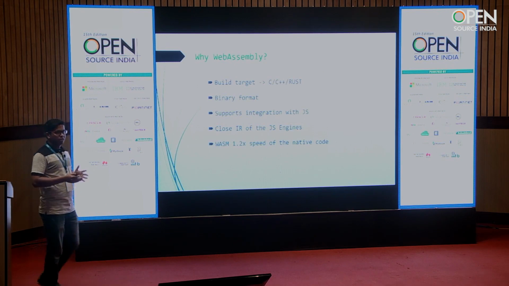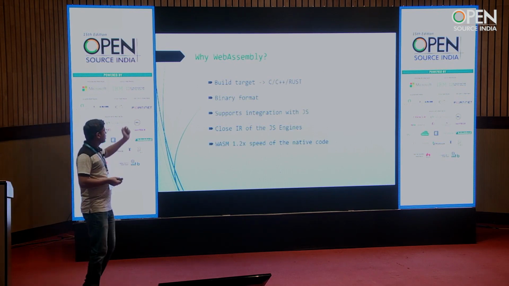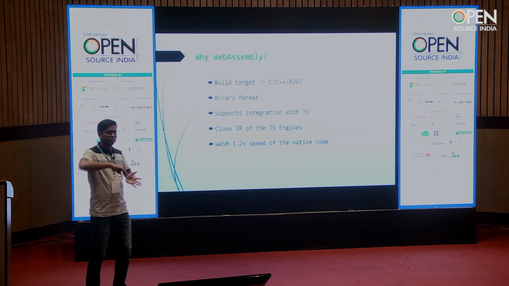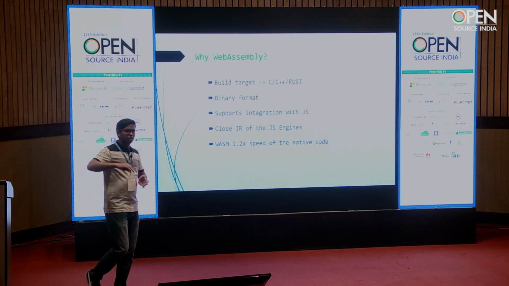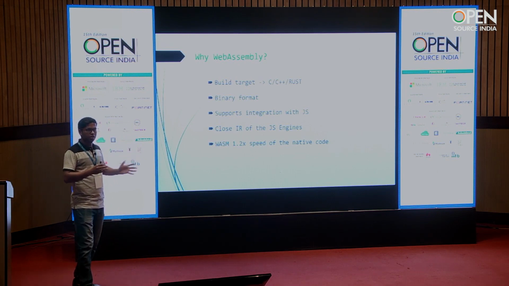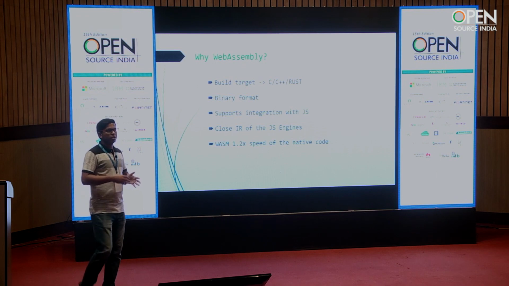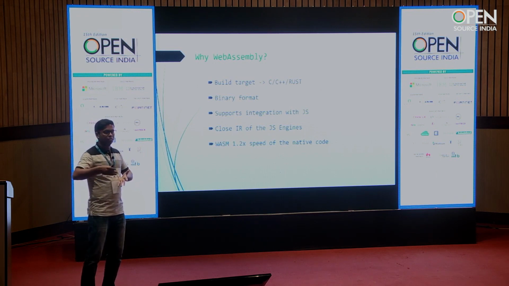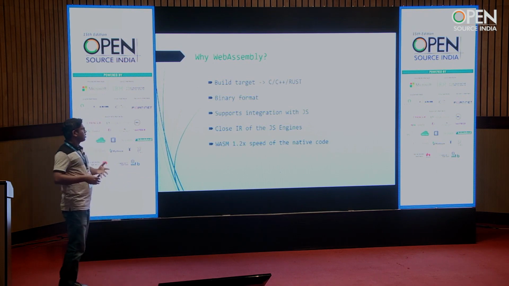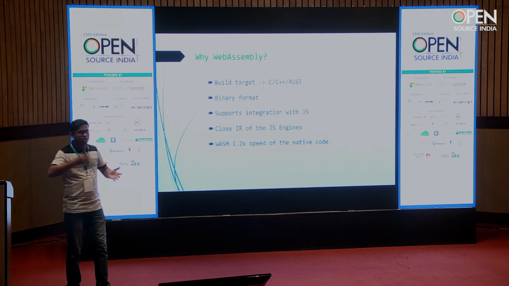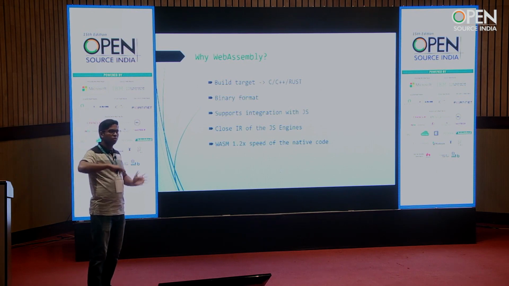So why WebAssembly? These are the three languages: C, C++, and Rust. They are supported from the initial days, and work fully compatible with the 1.0 WebAssembly release. Whatever the WebAssembly spec says, these languages can compile to that bytecode. The Rust compiler especially has its own homegrown support.